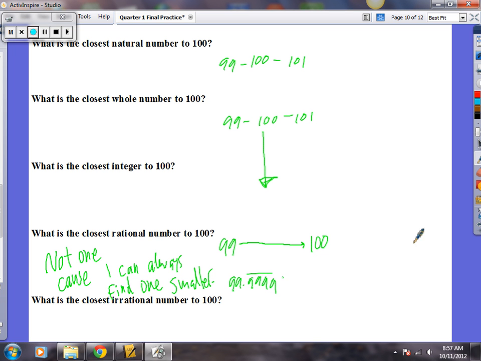And if you come from the other direction, if you come from 101 approaching it, same thing. You can always get close, close, close, but no matter how many days and months and years you spend getting close to 100, you can always get closer. And that is the same exact answer for this guy.